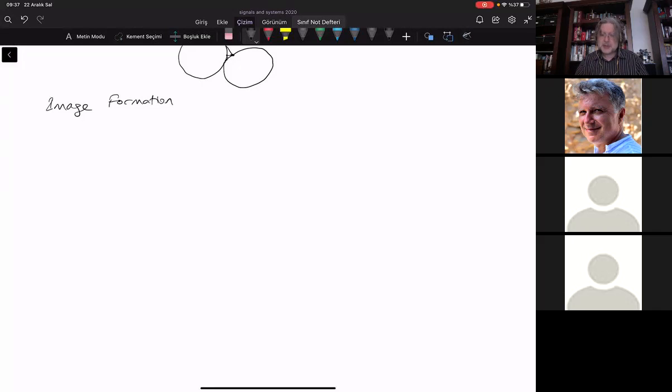And this image formation example is a reconstruction from projections. Which will lead to an imaging technology. So it's not taking a photo or anything, but it's an imaging still, that which is known as the computed tomography, CT.